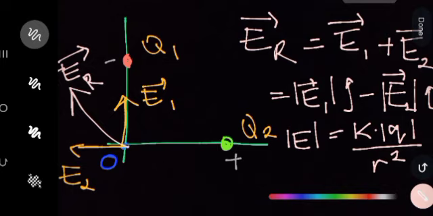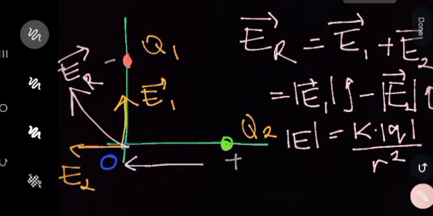Then the magnitude of E2 will be K times the magnitude of Q2 divided by the square of the distance separating the point O and the charge Q2, which is just this horizontal distance. This horizontal distance will just give you the x coordinate of the point Q2. I think it was 3, or was it 4? Anyways, you can just check back the equation.